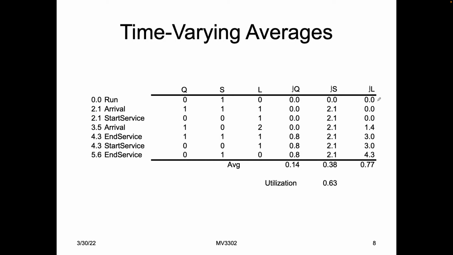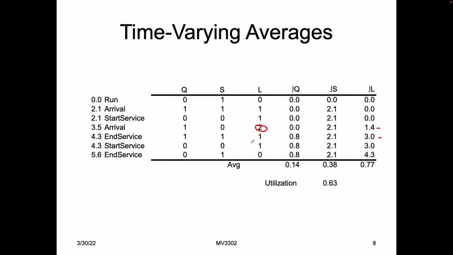So with the area under the curve for the number in the system, this is where we made it to here. And it was 1.4 because at time 3.5 to 2.1, we had a value of 1 times that amount of time. Whereas here, we had an elapsed time of 0.8, but we were in a state of 2, and so we would add 1.6 to the area under the curve, and that would give us 3.